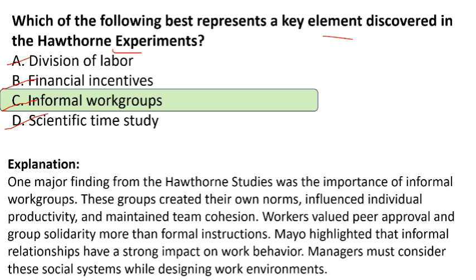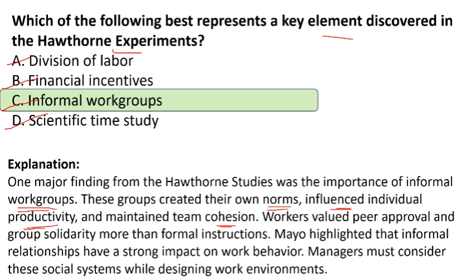See, one major finding from the Hawthorne studies was the importance of informal work groups. Who are those informal work groups? Your peers, your group solidarities, right? These groups created their own norms, influenced individual productivity, maintained team cohesion, right?